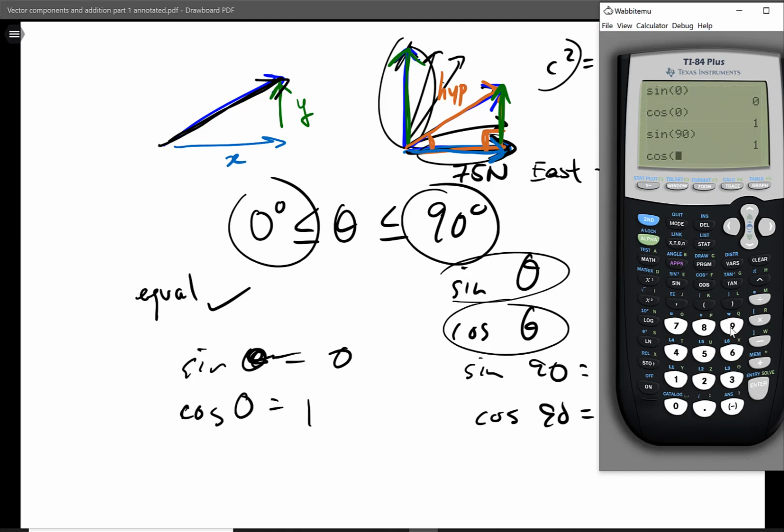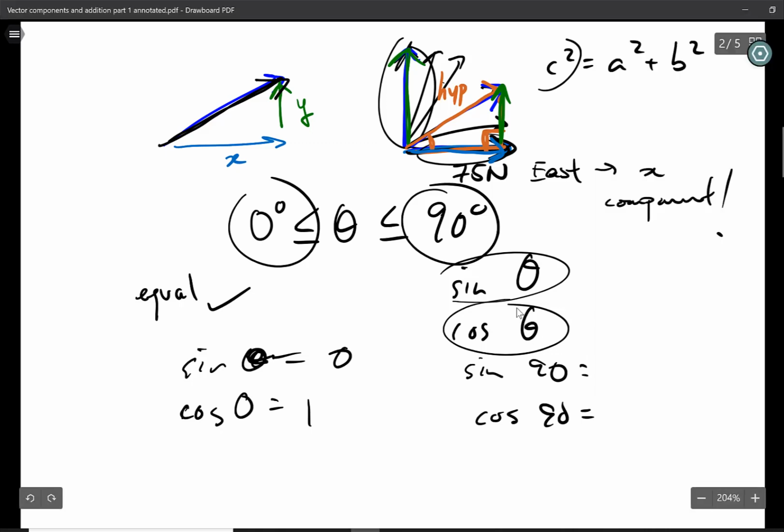Cosine of 90, we get 0. Ooh, look at that. This is the flip. Interesting, hey? I don't expect you have learned about the sine and cosine functions on the graph yet, but if you have, you know exactly what I'm talking about. So sine and cosine at 0 and 90 give us 0 and 1 basically. No numbers here are larger than 1.